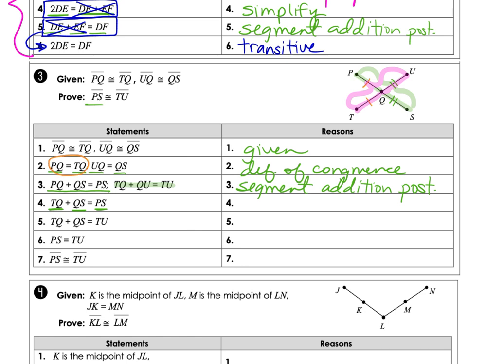Up here it said this. So we're going to substitute in place of the PQ, the TQ. That's substitution, because we knew that PQ equals TQ. You don't have to write that in, but I'm just showing you where it came from. What's step 5?